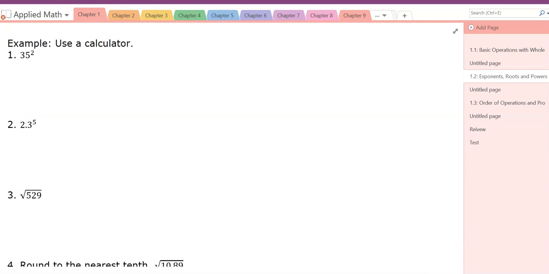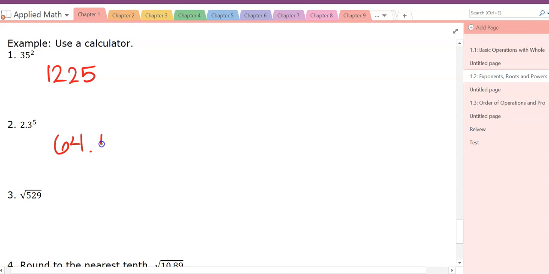Okay, for these last couple, they want us to just use a calculator to help us evaluate. So if you type into your calculator 35 squared, you should get 1,225. 2.3 to the 5th power, if we round it, would be 64.4. And the square root of 529 would be 23.